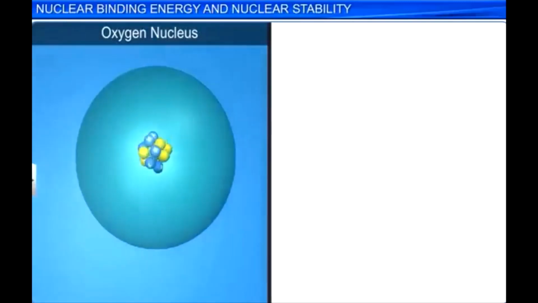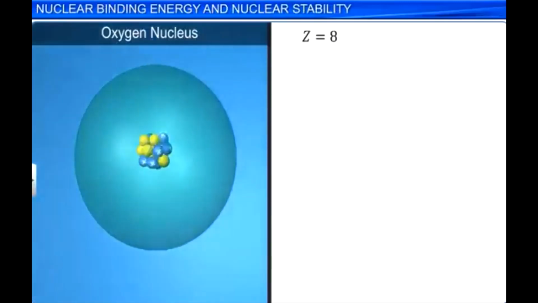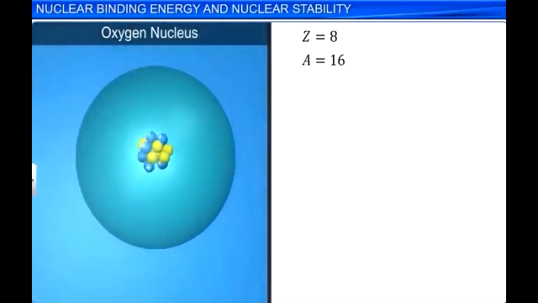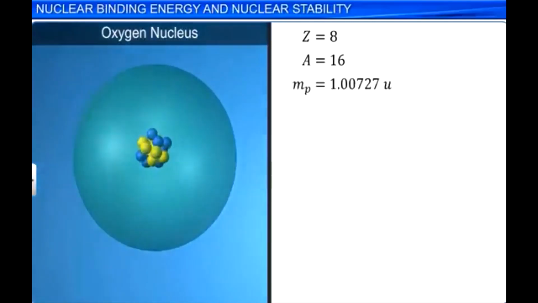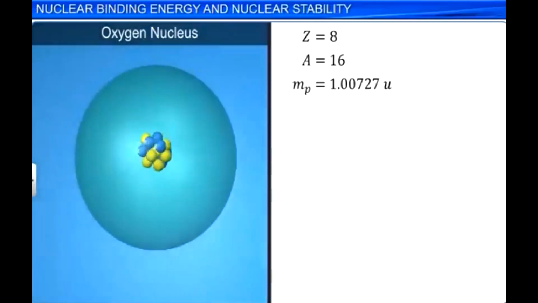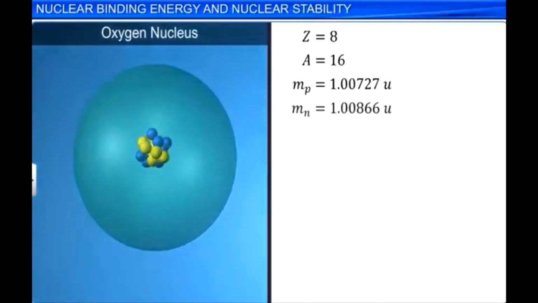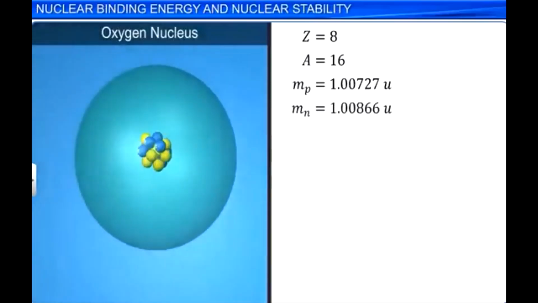The mass of each proton, Mp, is 1.00727 AMU. The mass of each neutron, Mn, is 1.00866 AMU, and that of an electron, Me, is 0.00055 AMU.